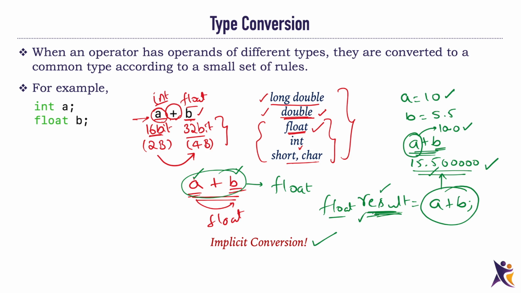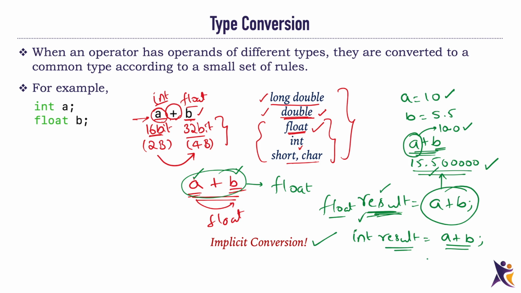If the result is not a floating point number but an integer, let's say result is an integer variable, and you are assigning a floating point number, the result of a plus b is 15.5, and you are trying to store 15.5 into this integer variable.